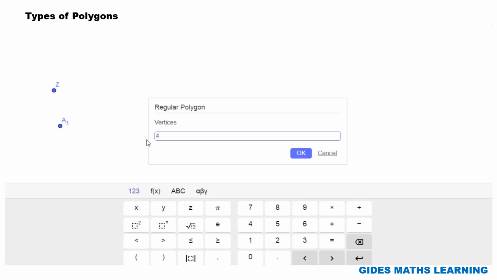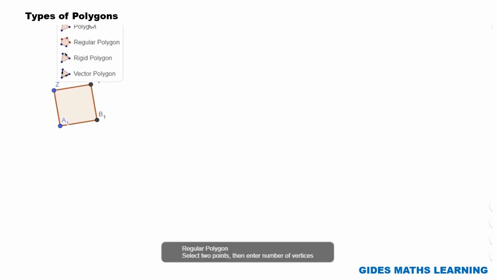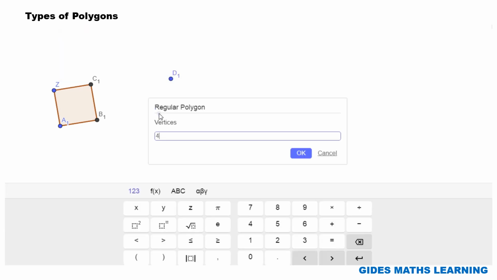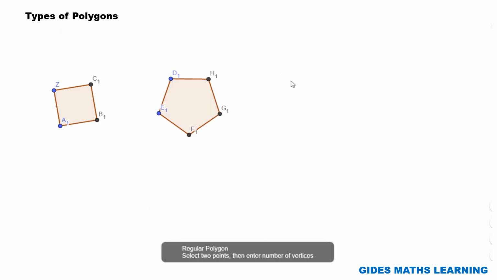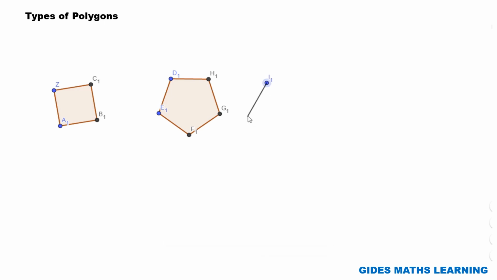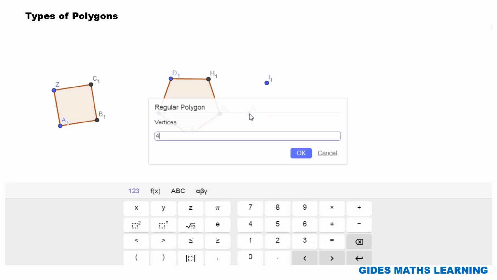A regular polygon of 5 sides, a pentagon, regular polygons of 6.